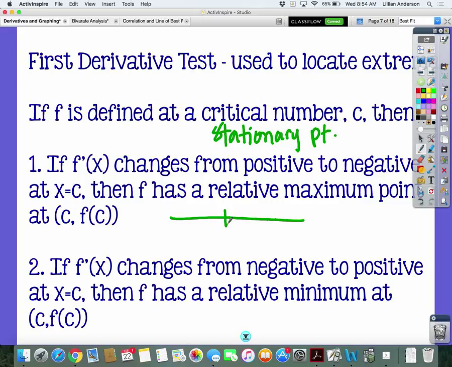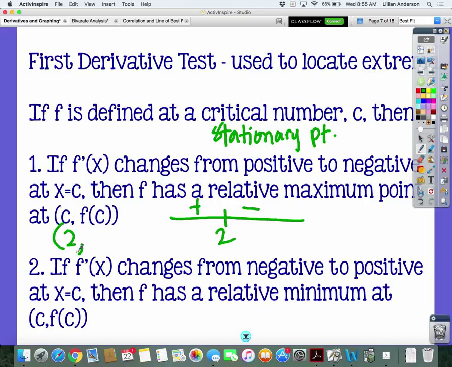When you find where the first derivative equals 0, let's just say it's at 2, and you do your test points, if it's positive here and it's negative here, then that lets you know that there is a maximum at 2. So c would be 2, and then how would you find the y coordinate?